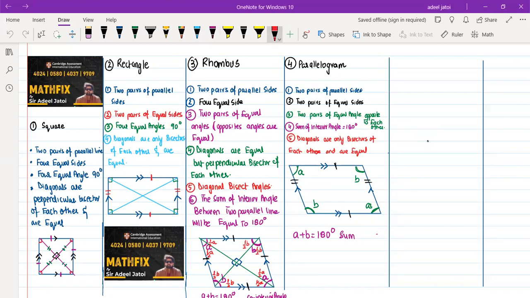So if I create a line that is diagonal, and there is another line that is diagonal, it will only bisect. It does not create 90 degrees. But these two lines are equal. That means the bisector lines are equal from point to point.